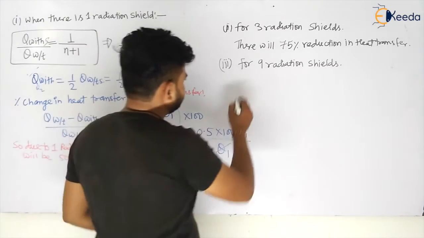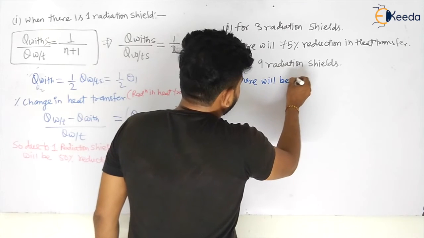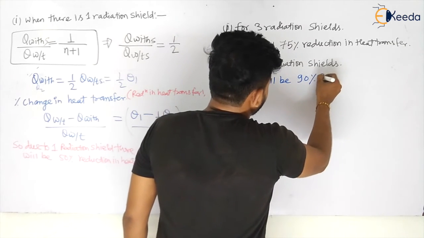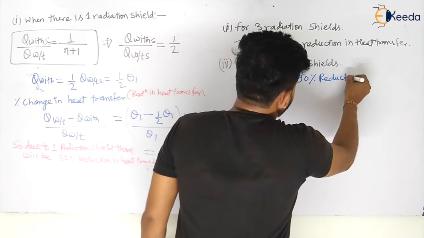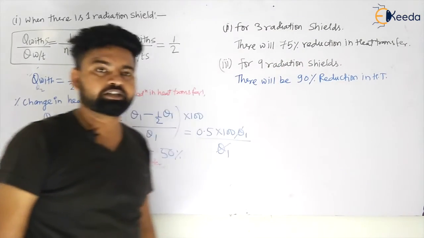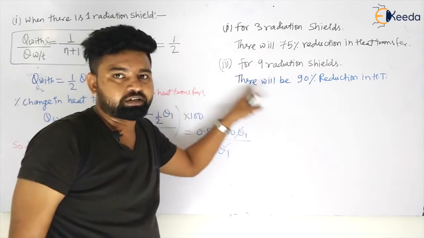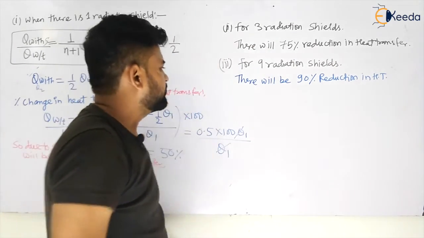So there will be 90% reduction, my dear students. 90% reduction in heat transfer. You can also formulate this, but there is no need. You only have to remember these because some questions have been asked.